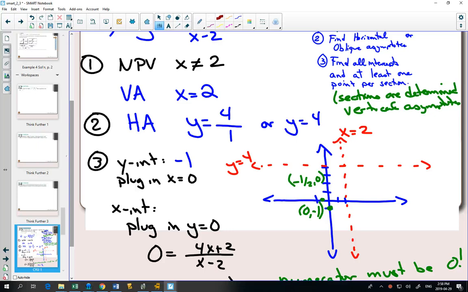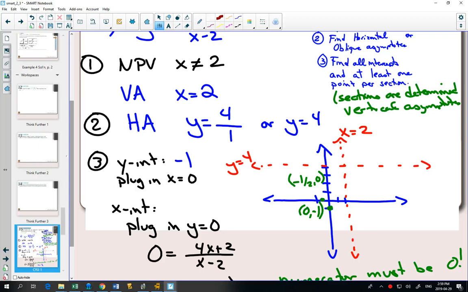We have 2 sections. Do you notice that we have 2 points in the left section? Our x-intercept and our y-intercept are both to the left of our vertical asymptote. As soon as you have 1 point in a section, your graph has to approach the asymptotes.